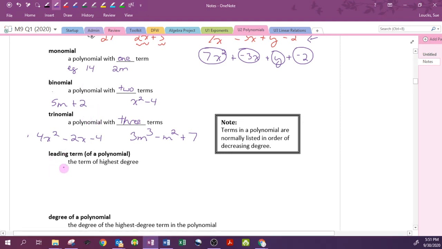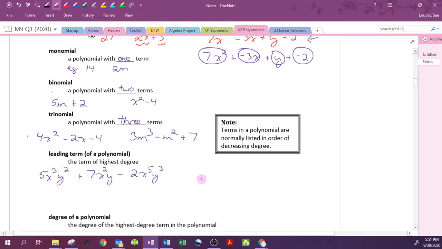So, for example, I'm going to write out a polynomial, 5x cubed y squared plus 7x squared y minus 2x to the 5 y cubed.